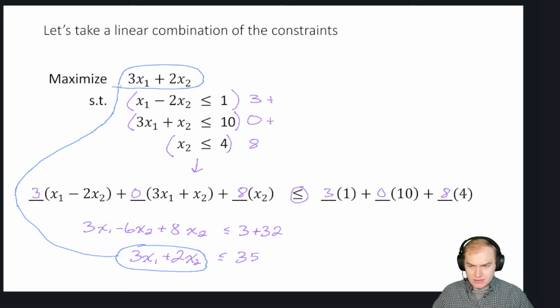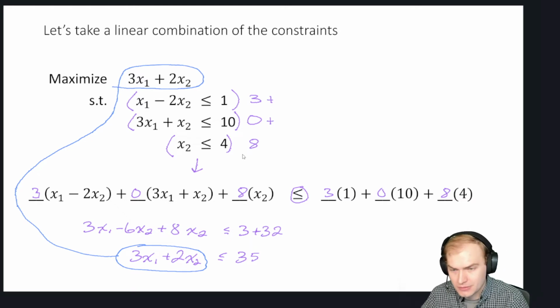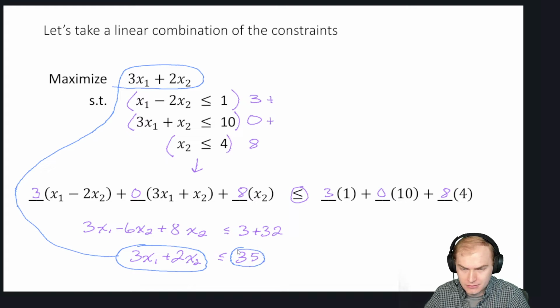And what that means is that our objective function is actually bounded. It has to be less than or equal to 35.